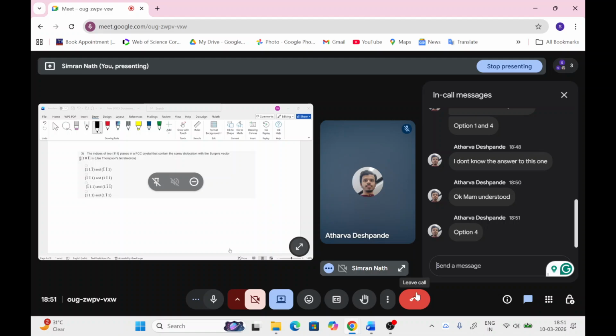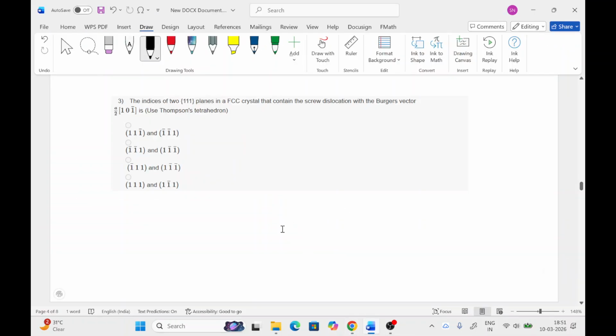Option 4, yes: the 111 bar and 1 minus 1 will give the 0 dot product. Or we can check in the Thompson tetrahedron also, but for an easy process, we can do the dot product. The fourth option is correct.